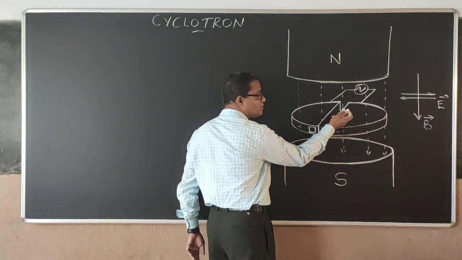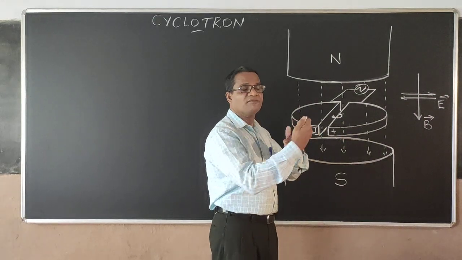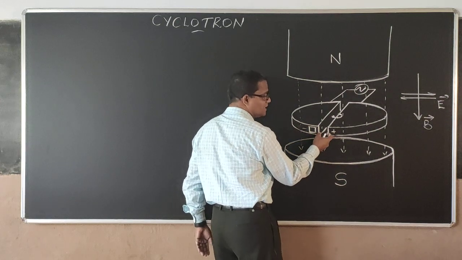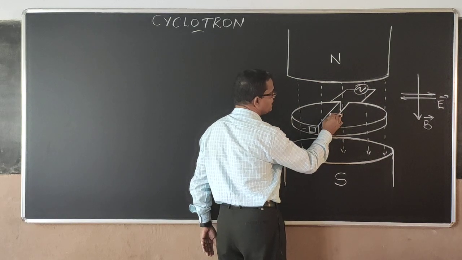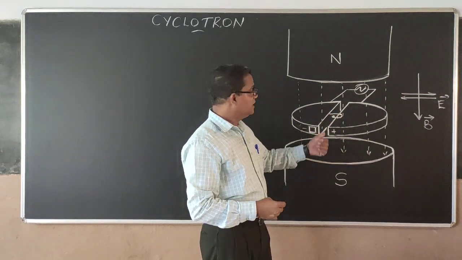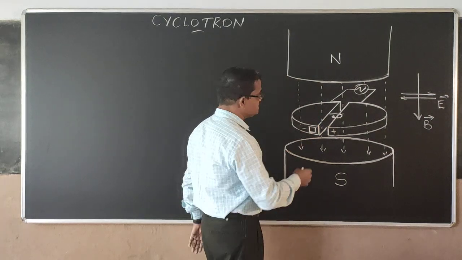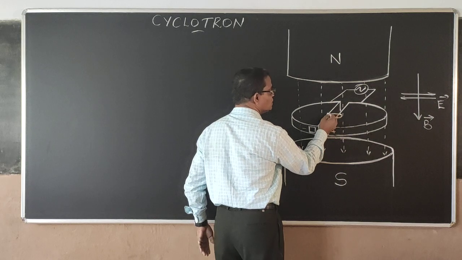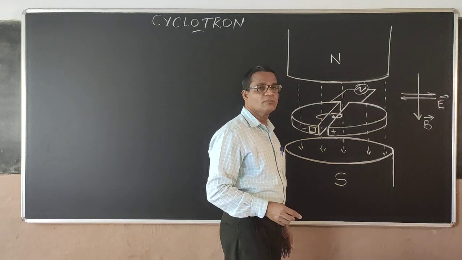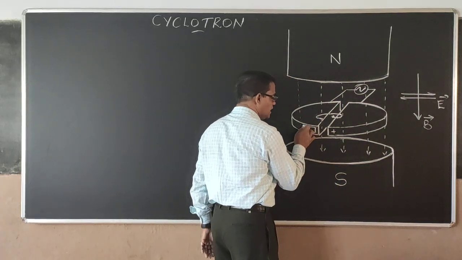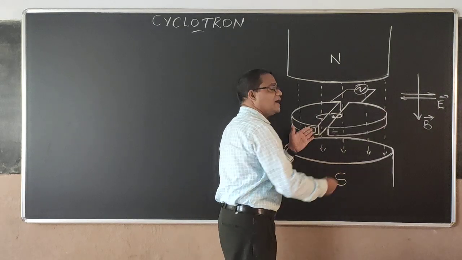As it comes out from this D, suppose this is positive and this is negative. The next half comes. So between the Ds, there is an electric field now along this particular direction. The particle accelerates with that electric field and enters into the next D. Inside that next D, only magnetic field is there, but it is entering with a greater velocity, so it moves in a greater circular path. As it comes out, the polarity changes once again, and the electric field is along this direction.